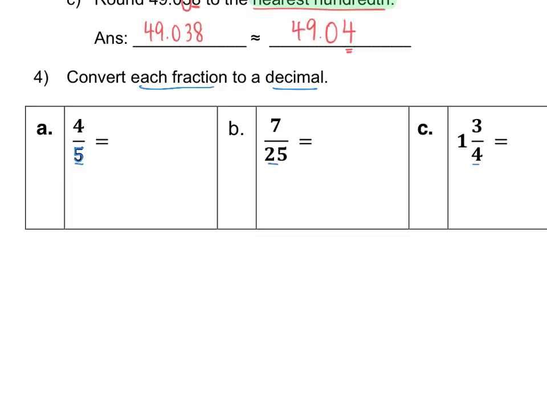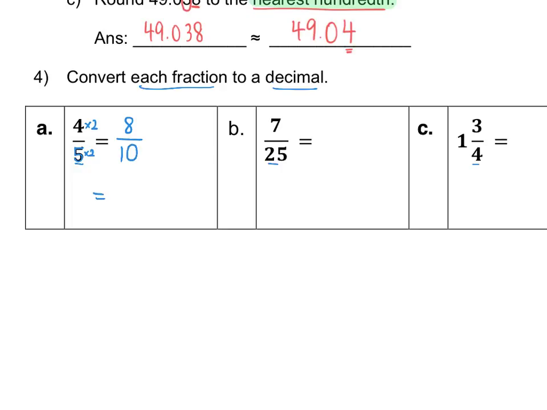The denominator is a 5. 5 times what gives 10? 5 times 2. So if you times 2 to the denominator, you should also times 2 to the numerator. 4 times 2 gives 8. 5 times 2 gives 10.